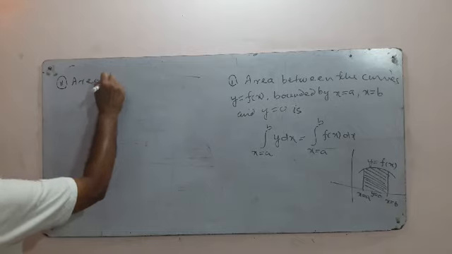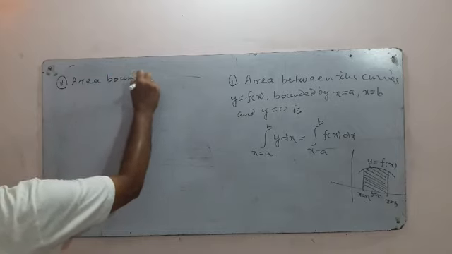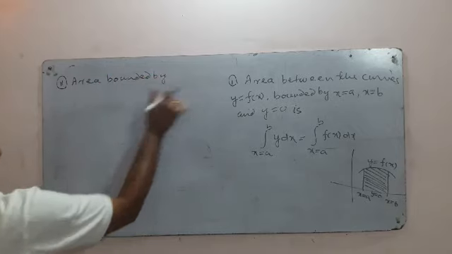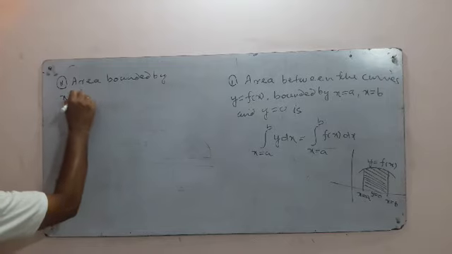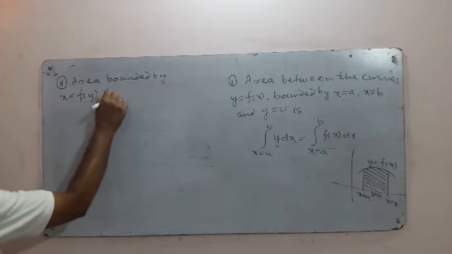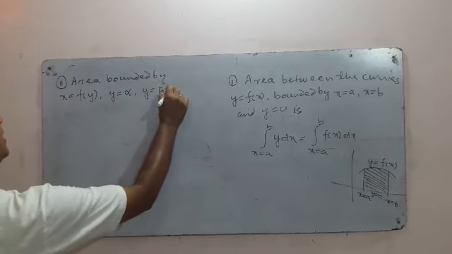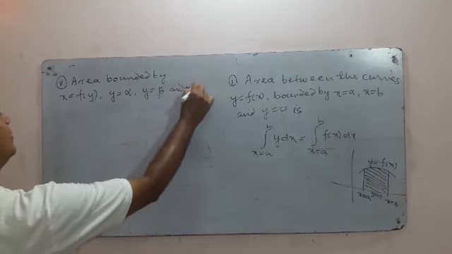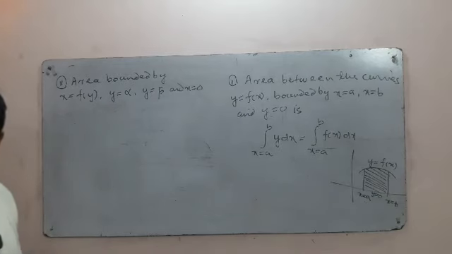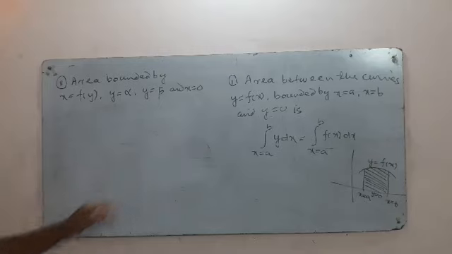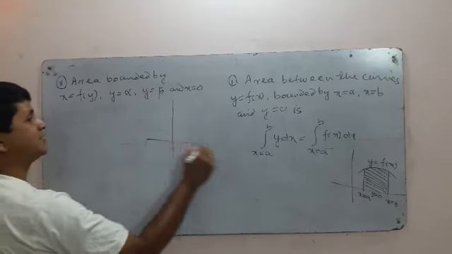Area bounded by x is equal to f of y, y is equal to alpha, y equal to beta, and x is equal to 0. What do you mean by x is equal to 0? That is the y-axis. So the area bounded by the curve and the y-axis, the curve will be like this.